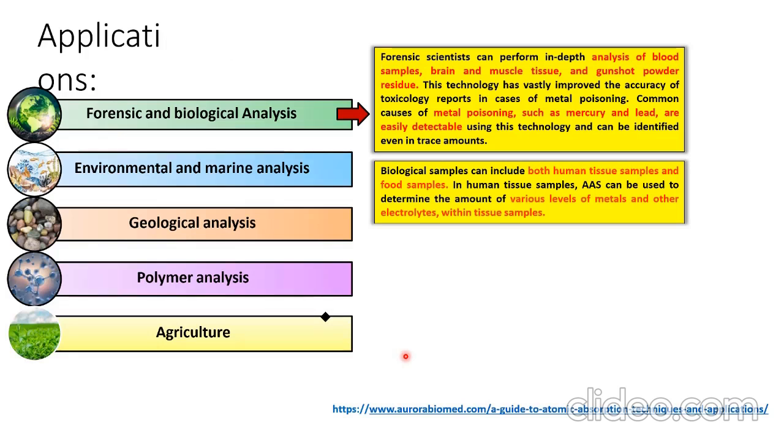So, the applications can be forensic and biological analysis. With the help of AAS and ICP-OES, ICP-MS, we can do forensic tests. Forensic analysis can be done in blood samples, brain or muscle tissues, and gunshot powder residues can be checked with this technique.